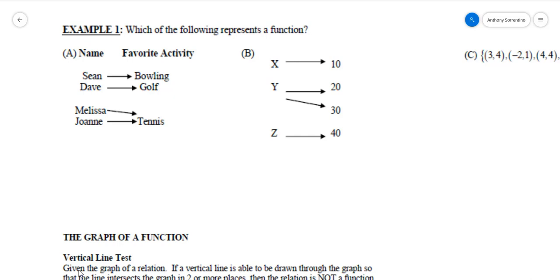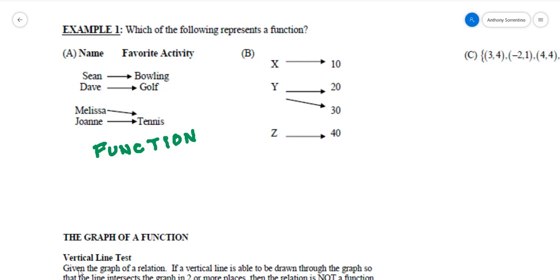So Sean's favorite activity is bowling. Dave's favorite activity is golf. Melissa's favorite is tennis, and so is Joanne's. But since Melissa only generates tennis and Joanne only generates tennis, this is a function, because each input, each name, is only associated with one favorite activity.